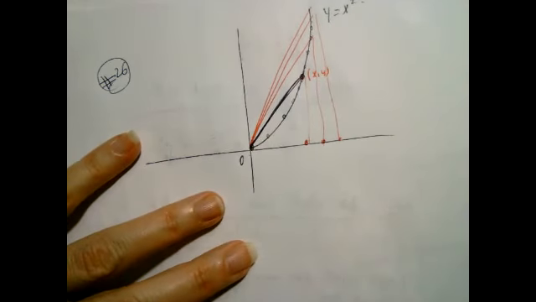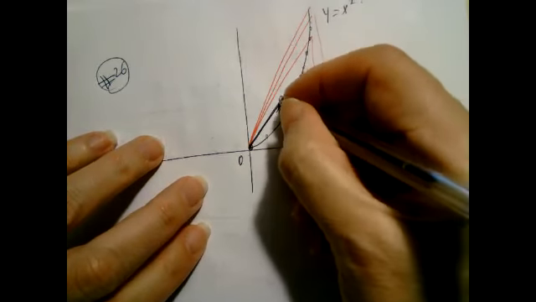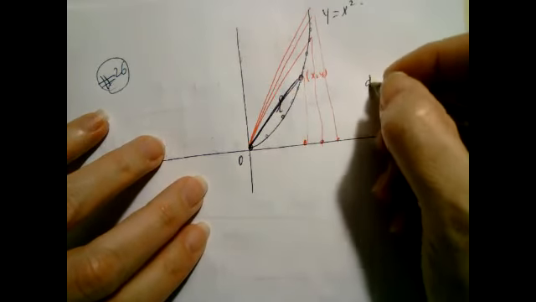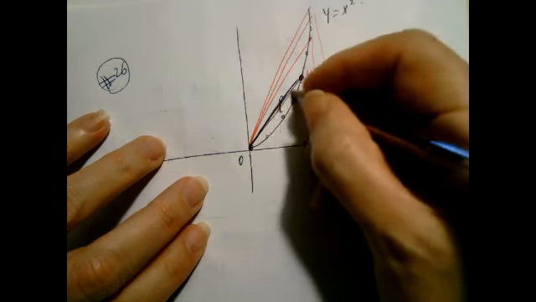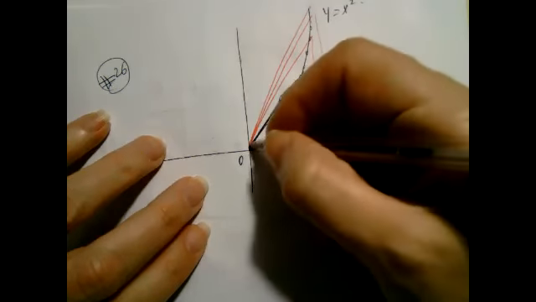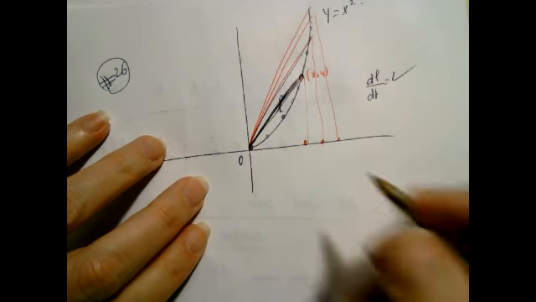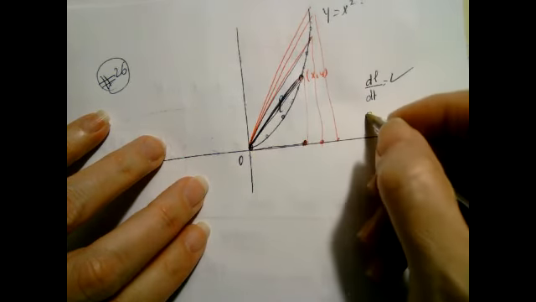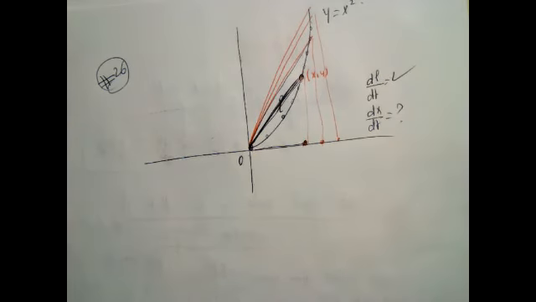Now they tell me the distance, let me call it L, is changing at a certain rate. So they're giving me the rate. How fast is this one changing? Every second, how much is this changing? And they're asking me, at this time, how fast is x changing?